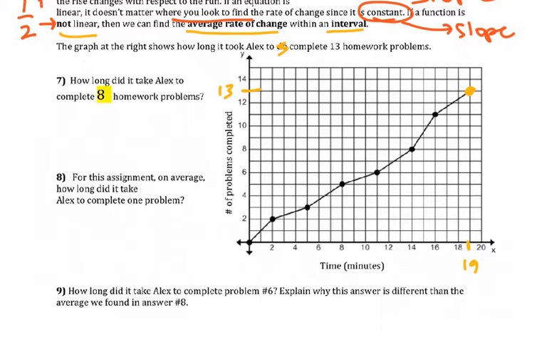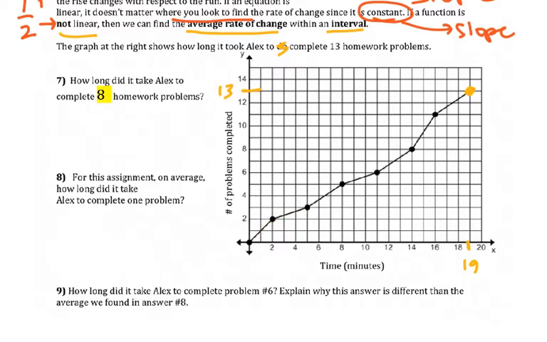Now, does that mean that it took exactly the same amount of time for every homework problem? If it took exactly the same amount of time for all the problems, it would look like that. But because it's jagged like it is, that means that some problems took more time and some problems took less time.